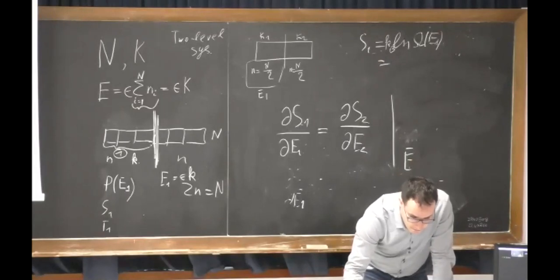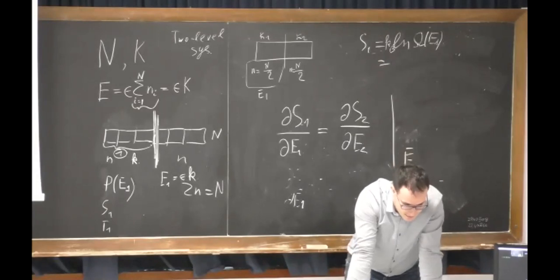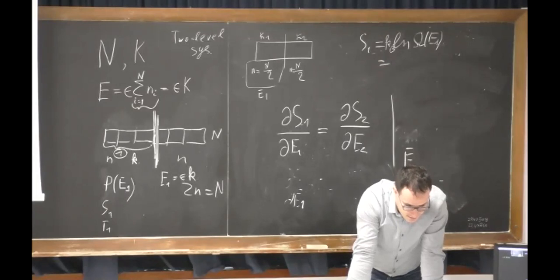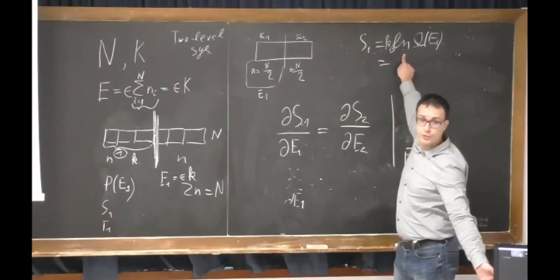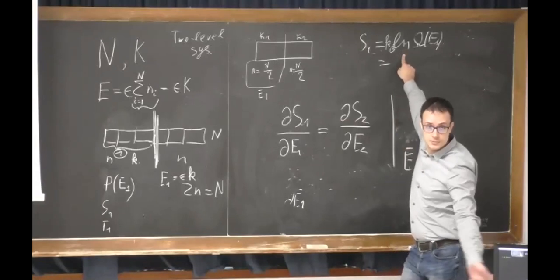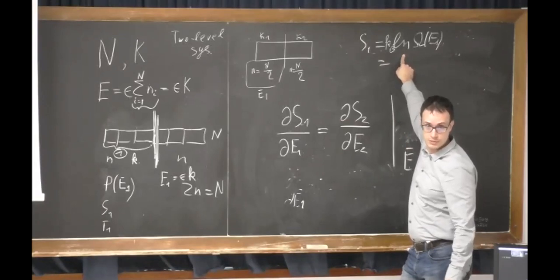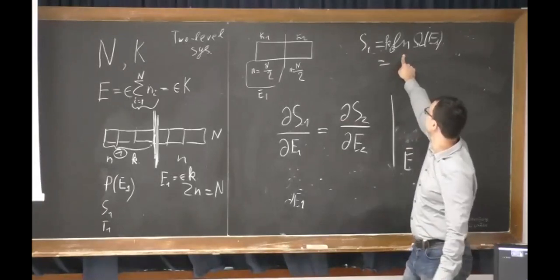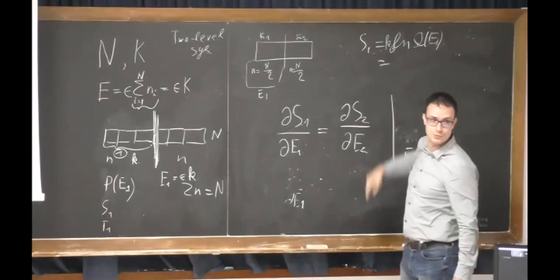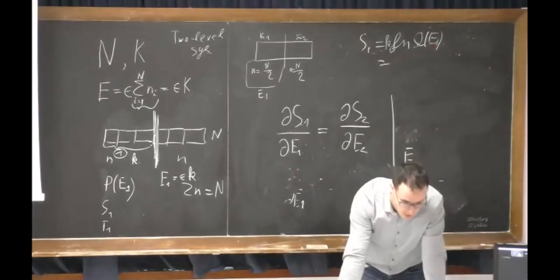But before applying the Stirling formula, we still had the formula with the combination that Boris wrote on the board. So it's kind of the same thing. You saw that it's exactly the same formula. It's just that instead of E total, you substituted E1, right? Nothing has changed.